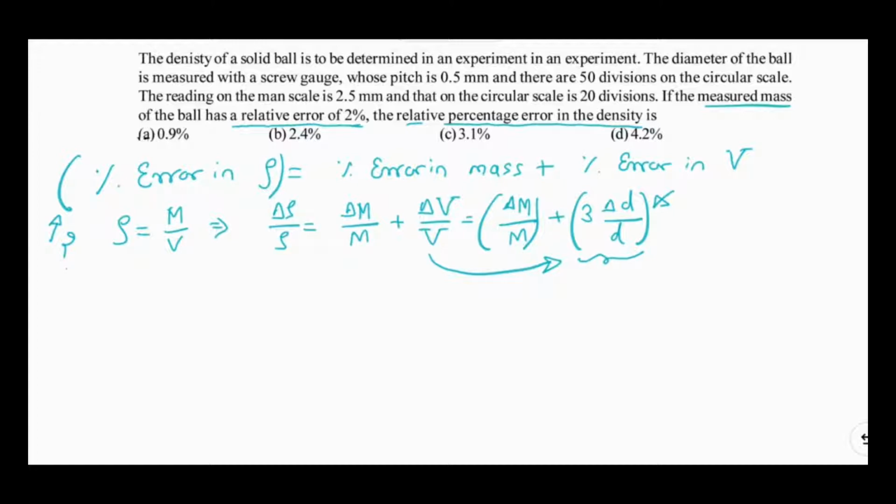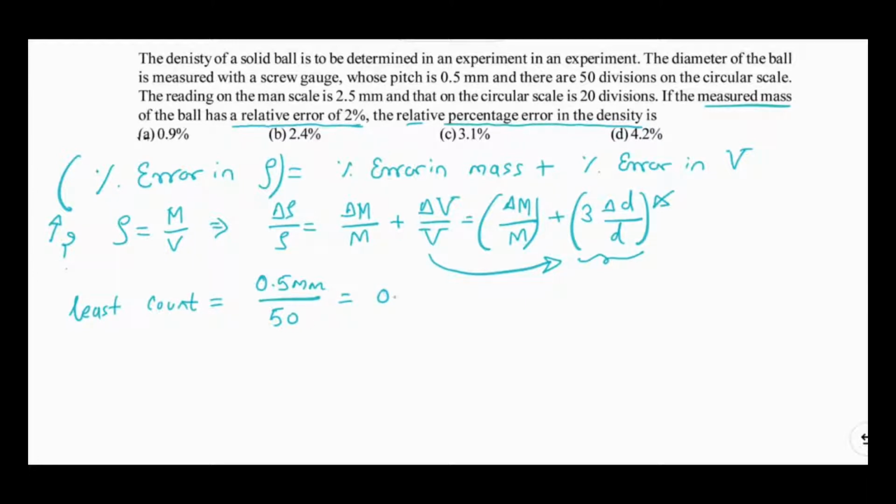For that, the diameter is measured. The ball's diameter is measured with a screw gauge whose pitch is given to us, so we can calculate the least count of the screw gauge. The least count will be the minimum error in the measured diameter. The least count of the screw gauge is the pitch divided by the number of divisions on the circular scale, which is 50.